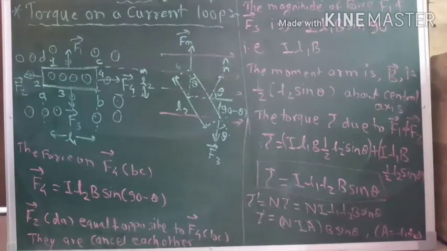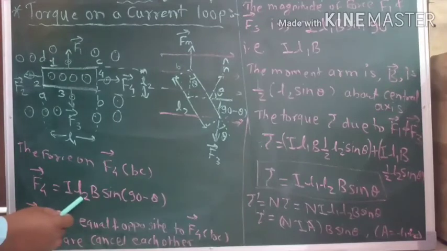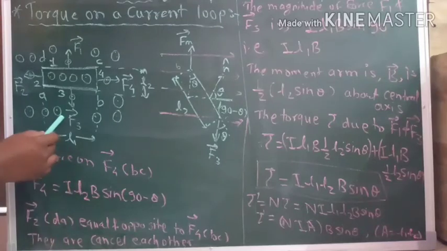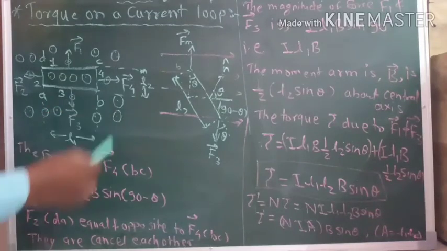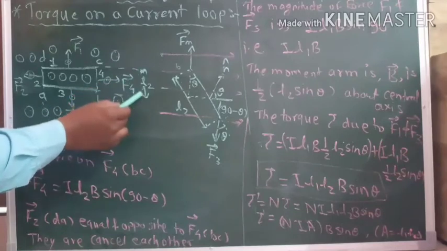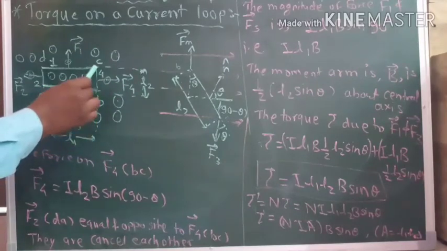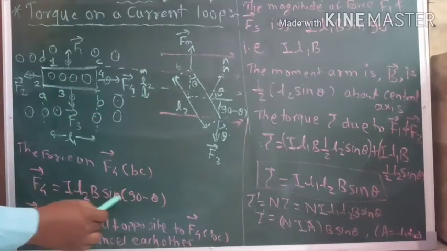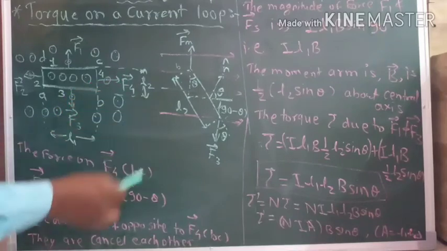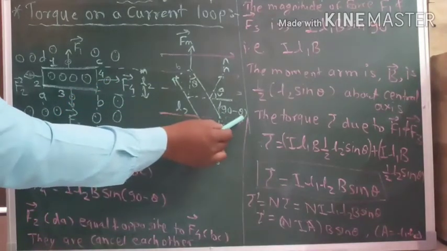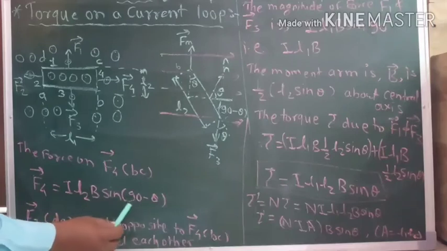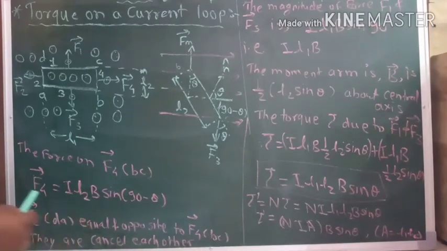Consider the fourth side, its length is L2. So I L2 B sine of theta, and this angle is 90 minus theta. Therefore, we write sine of 90 minus theta. This equation is from the magnetic force Fm equal to ILB sine of theta.